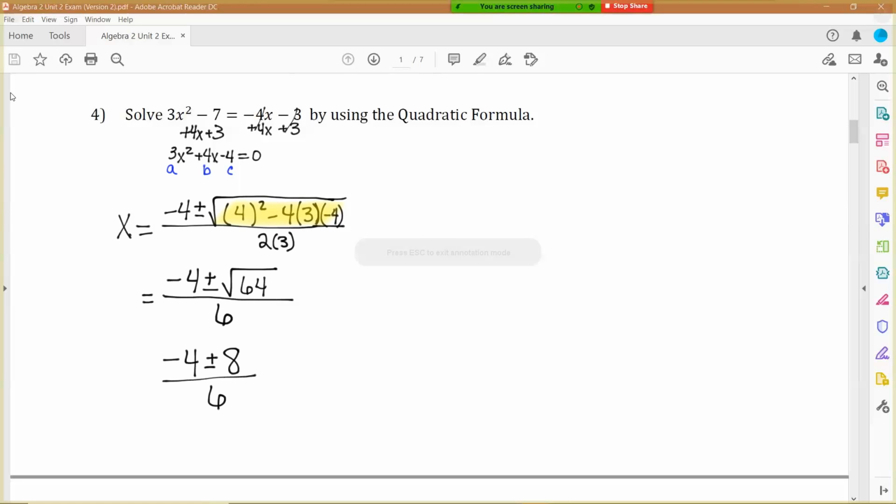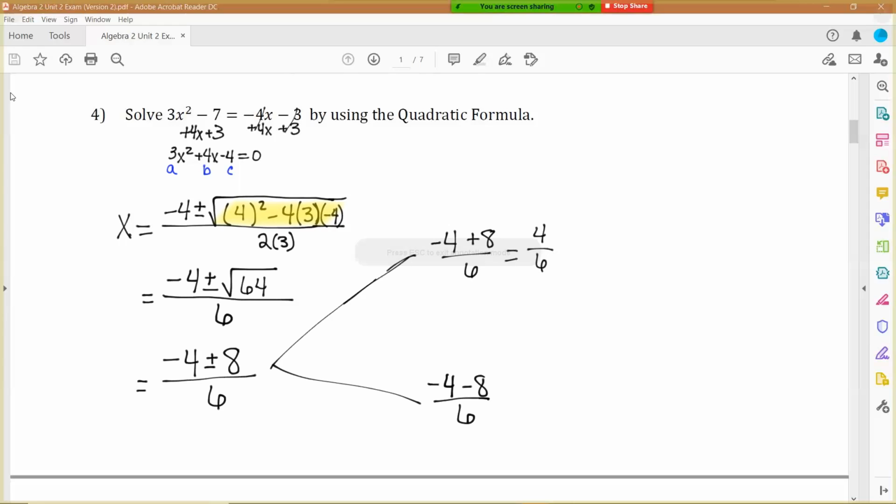So really now we have 2 problems we need to solve. Since the square root's gone, we're going to have 2 answers that are numbers. For one of them, we're going to have -4 plus 8 divided by 6. For the other one, we're going to have -4 minus 8 divided by 6. So we're splitting up that plus or minus sign into 2 separate problems. For the top one, -4 plus 8 is 4.